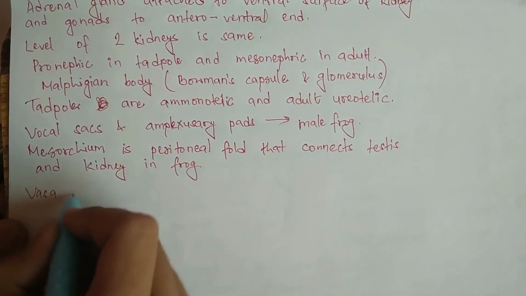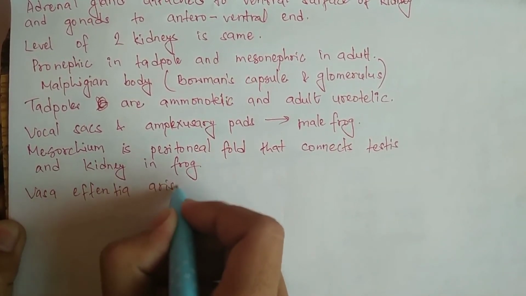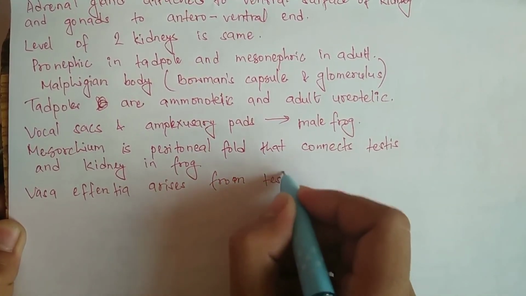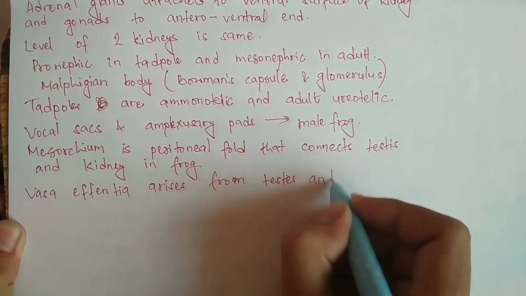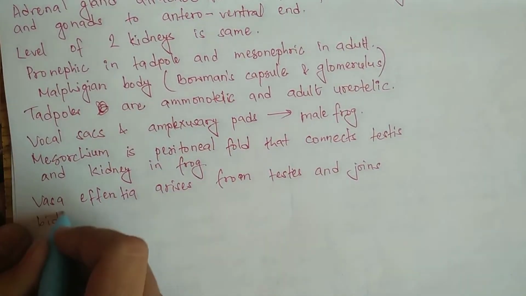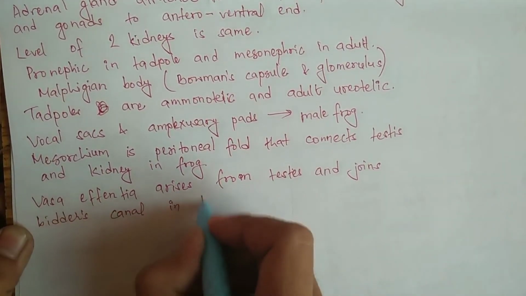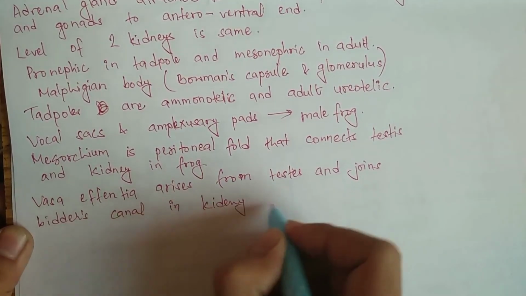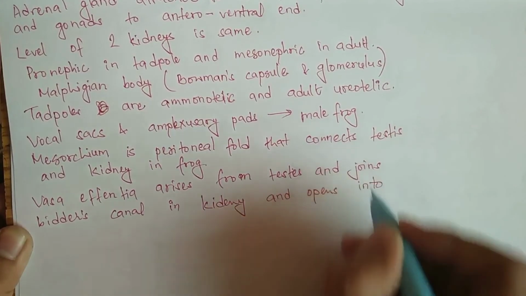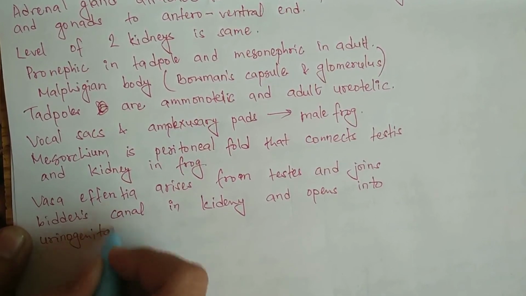Vasa efferentia arise from the testis and join Bidder's canal in the kidney and open into the urinogenital duct.